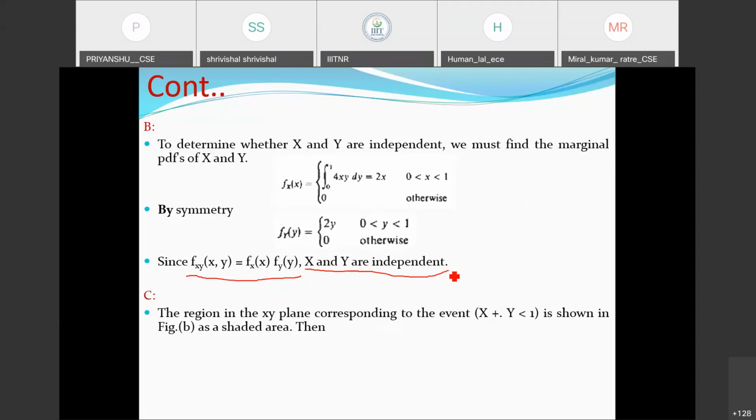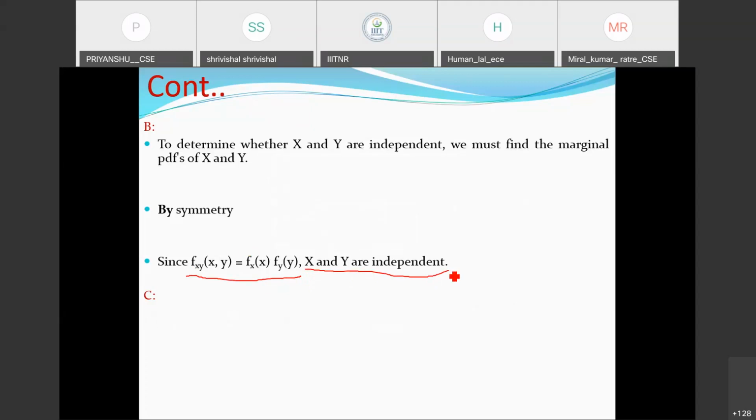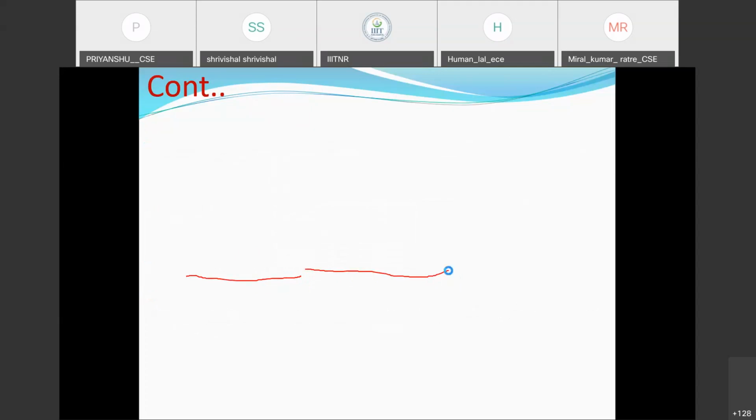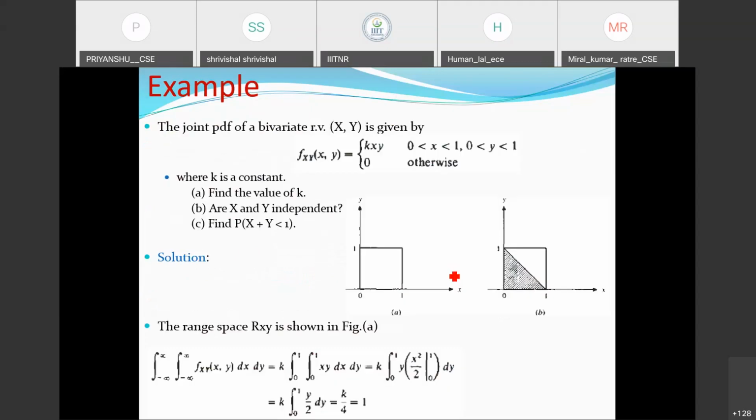Related to the third part, what I asked is: find the probability for x plus y less than 1. That's the tricky part. x plus y is a summation of the two. What will be the minimum and maximum values of x and y?